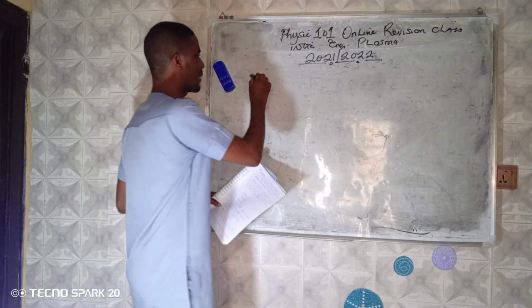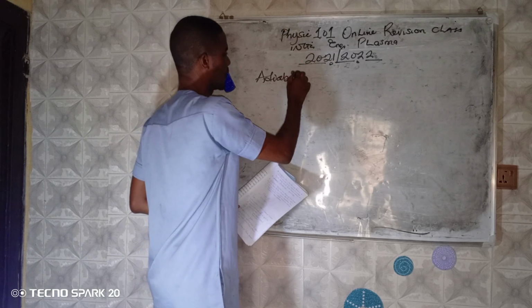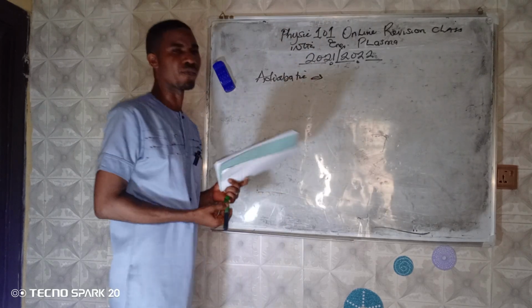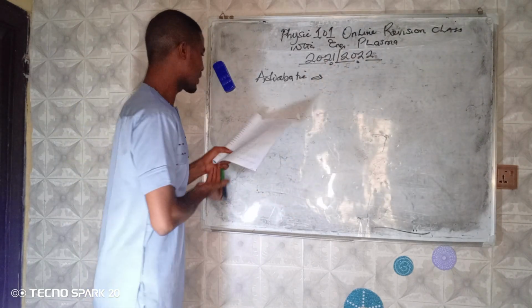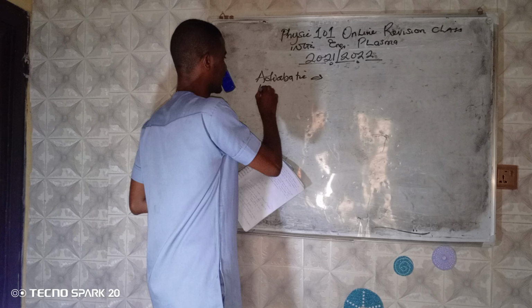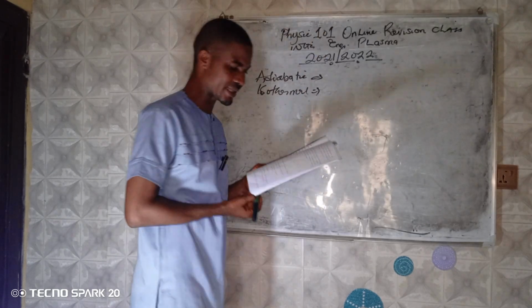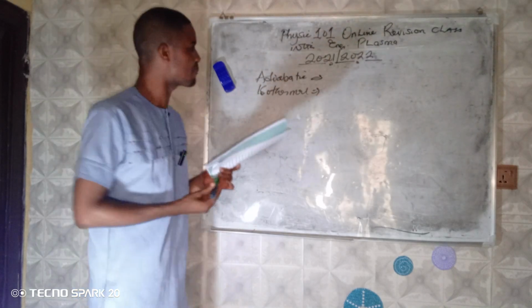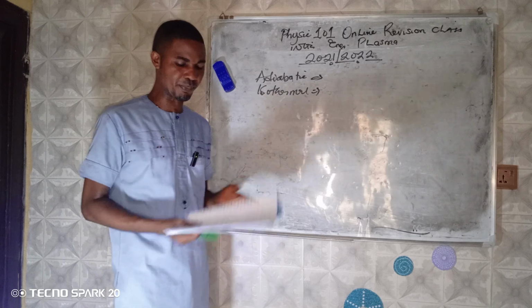Remember we talked about adiabatic in part 1. Adiabatic is a system of constant heat. There is no heat gain, there is no heat loss. Now, this one is talking about isothermal. An isothermal system or process is a system or process of constant temperature.